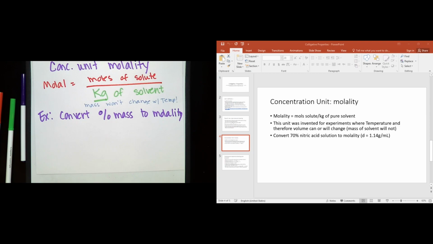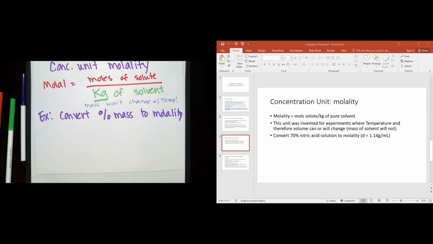So we don't want to recalculate the volume for every single degree change. That would be a nightmare. So as chemists, we take the easy way out. We just invented a different unit that uses mass instead of volume, because the mass doesn't change with temperature, right? Only adding atoms or taking atoms or molecules out will actually change the mass.